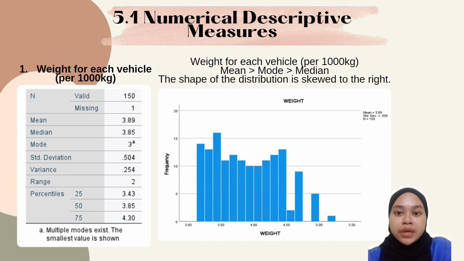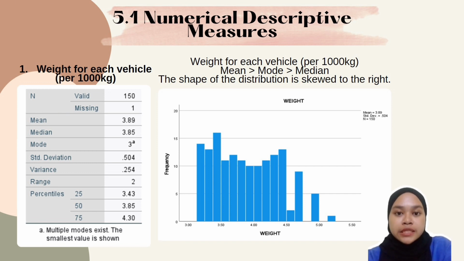Based on the table, the mean for the SPSS result is 3.89, less than manually, which is 3.90, with the difference 0.01. For median, the result in SPSS is 3.85, less than manually, which is 21.28, with the difference 17.43.